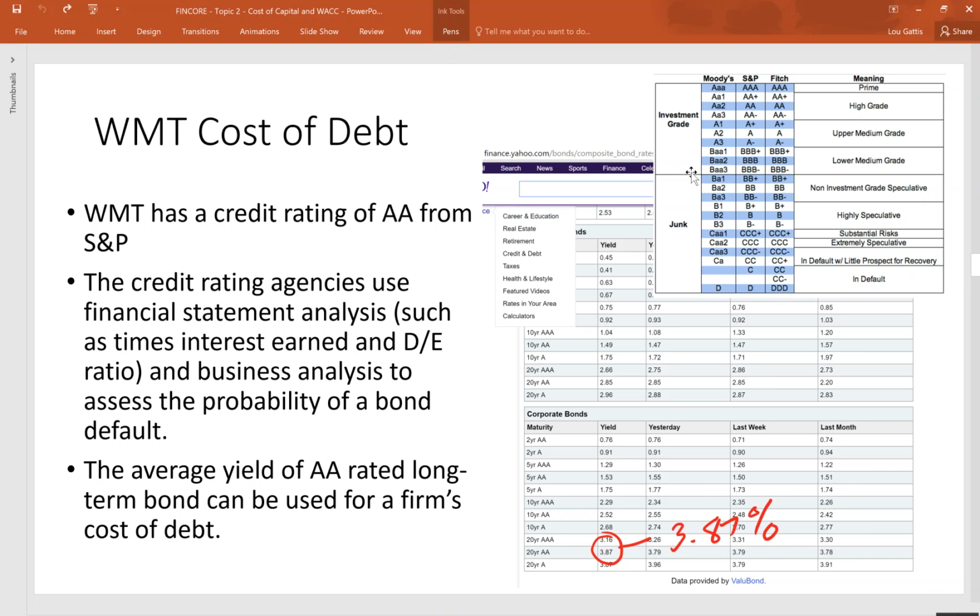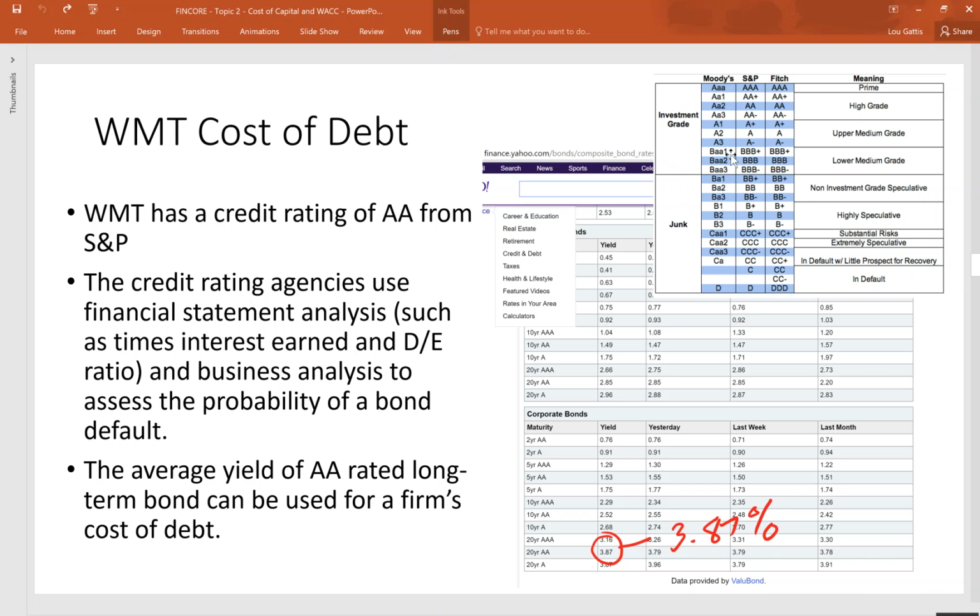There is a difference between bonds above this line and below this line. Anything above, in S&P terms, a BBB minus is considered investment grade, which means a very low probability of default, and the least probability would be the AAAs. The junk, or speculative, bonds carry significantly more risk than the ones above the line.